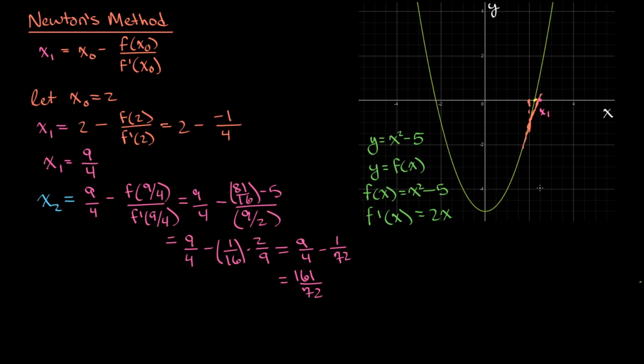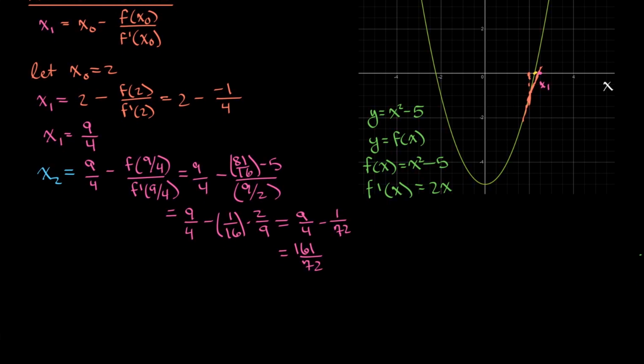And then let's see here. Let's apply Newton's method again. So we have x sub 3 is equal to, and now we're going to use what we found for this x-intercept. So we have 161 over 72 minus f of 161 over 72 over f prime of 161 over 70.